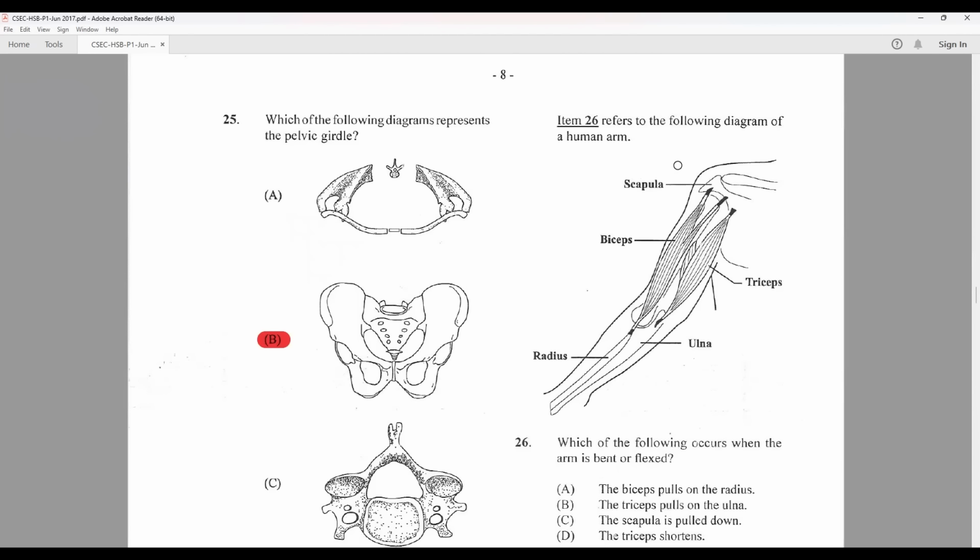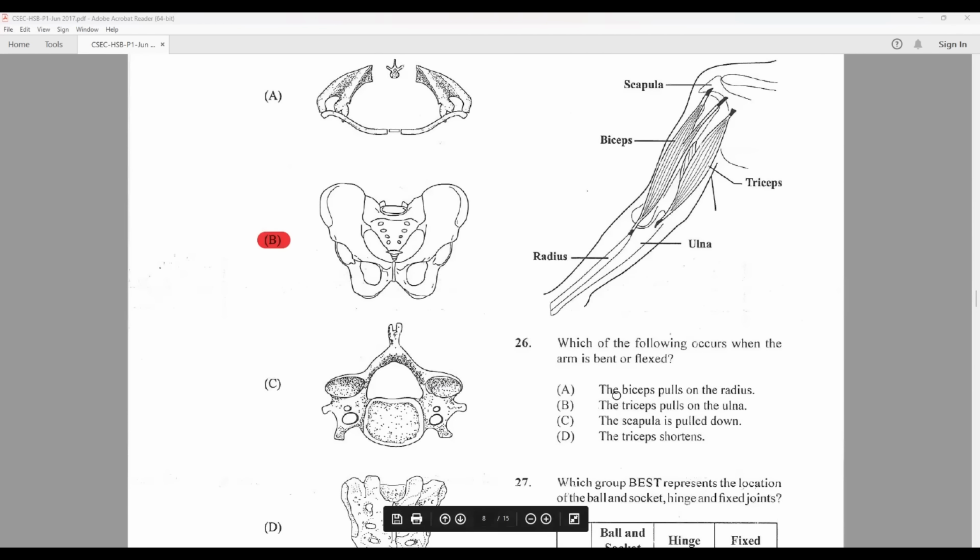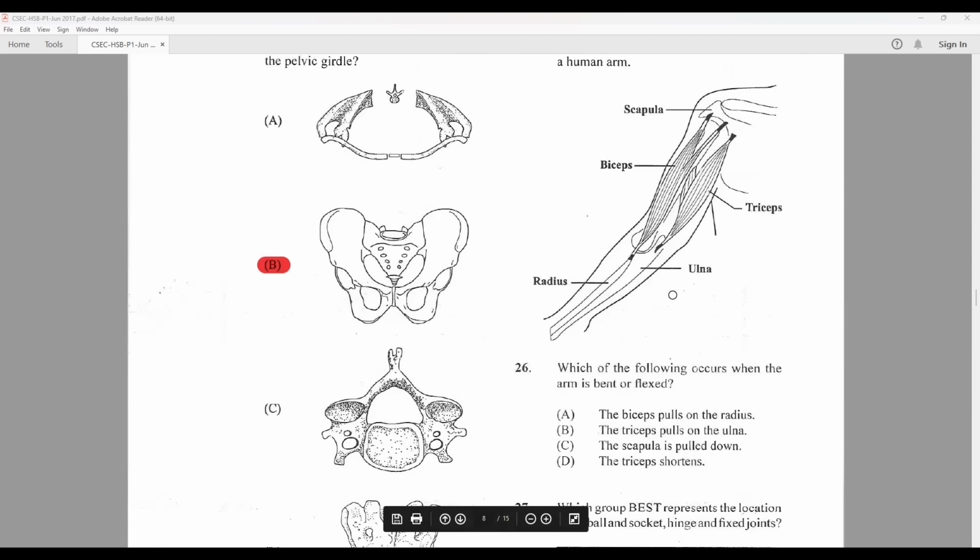Item 26 refers to the following diagram of a human arm. Which of the following occurs when the arm is bent or flexed? The bicep pulls on the radius. Yes, that's what a bicep does. The bicep contracts, it pulls on the radius, and the tricep relaxes.